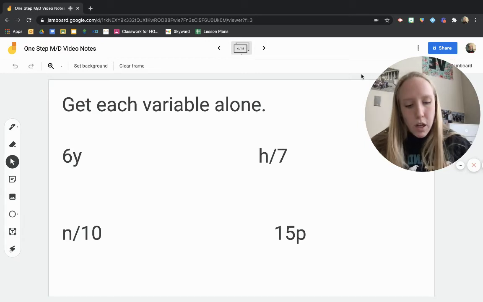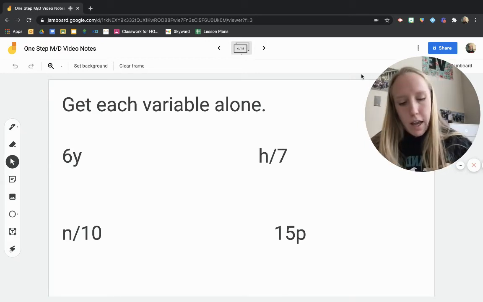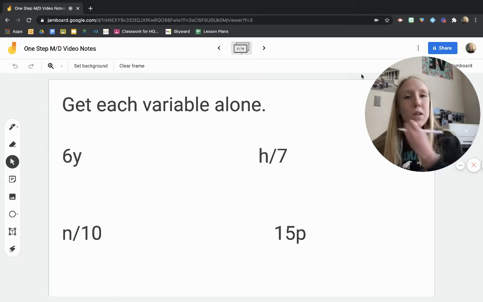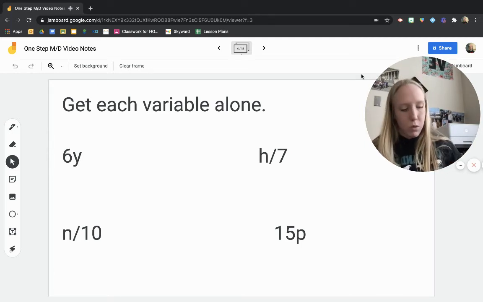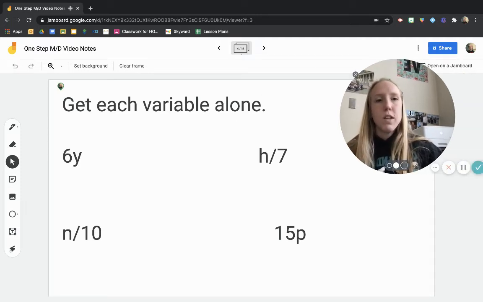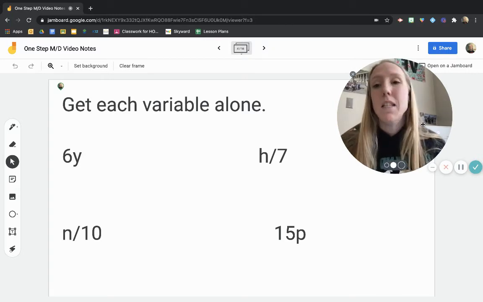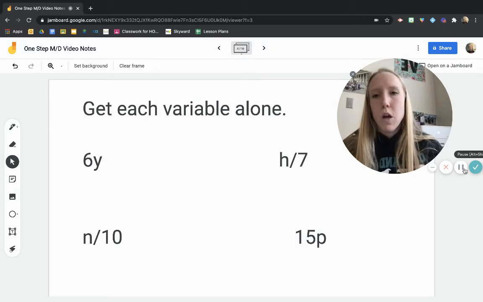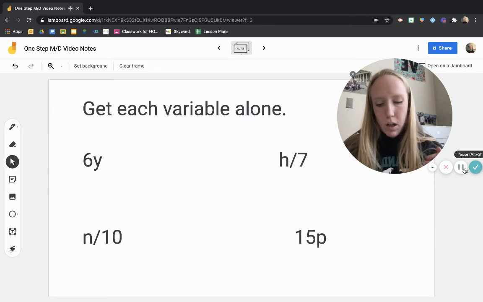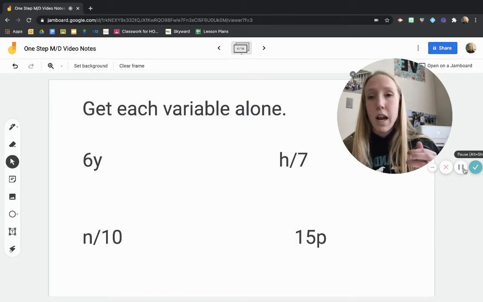To be able to solve these equations, this is what it's going to look like. In an equation, this is what the operations are going to look like. You need to be able to tell what is happening to each variable. So to get each variable alone, I need to look at what is happening to each variable. Okay, so I see 6y.